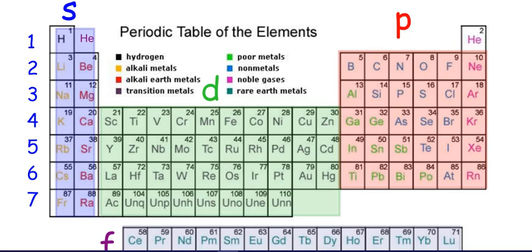The S is your sharp lines, all right? Your P is your next thinner line. Those are your principal lines. And then some of your thinner lines would be the diffuse lines, and the thinnest lines would be the fundamental. So sharp, principal, diffuse, and fundamental is really where the S, P, D, and F terminology came from.